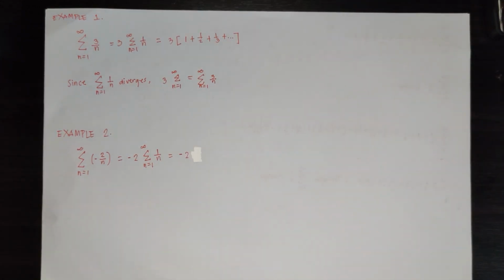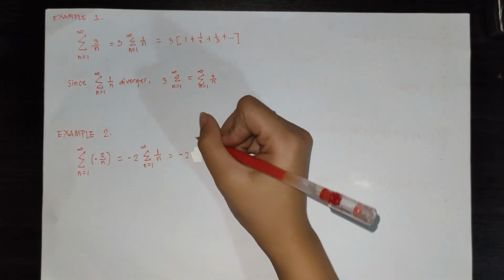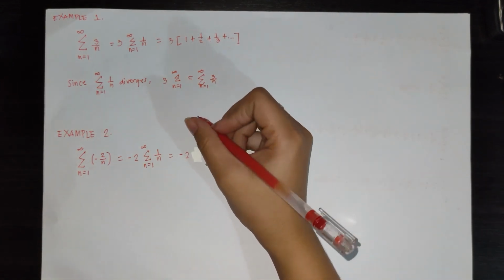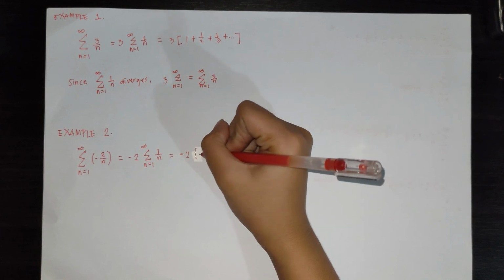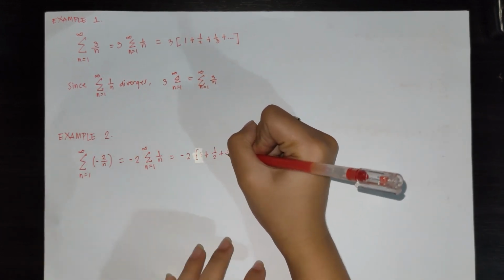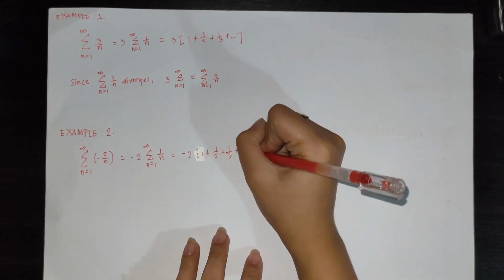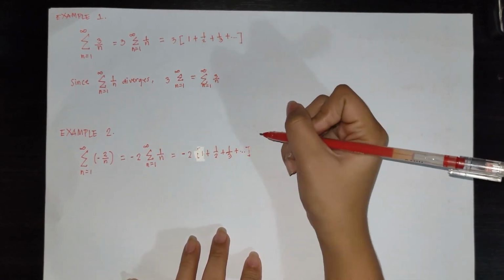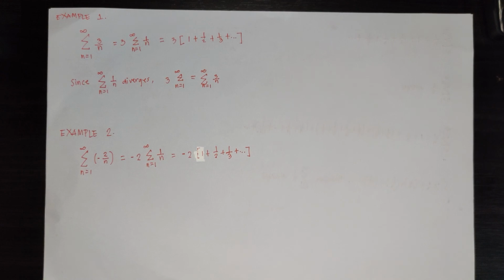So we have negative 2 times the harmonic series, which is 1 plus 1 half plus 1 third and so on. But notice how this series would approach negative infinity, not positive infinity, like the basic harmonic series.